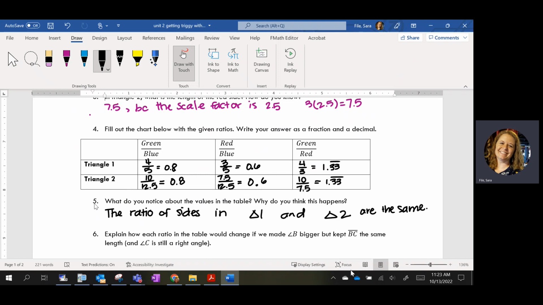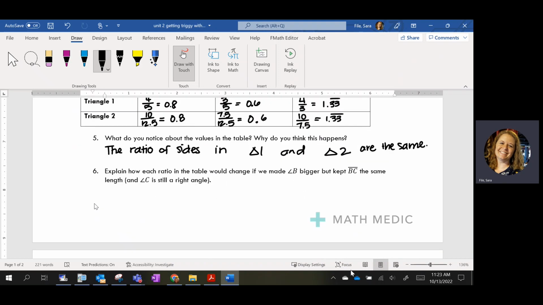Because if you think about this, number 6 asks us a question involving this. It says, what do you think would happen to each of those ratios, those numbers that we got, if we made angle B bigger, but kept side BC the same and kept angle C as still being a right angle? So just to give you a visual of that, here is angle B, this size, and this is our right angle at C. Okay, we want to keep this the same length, but open this up.